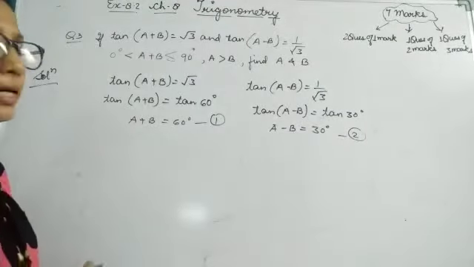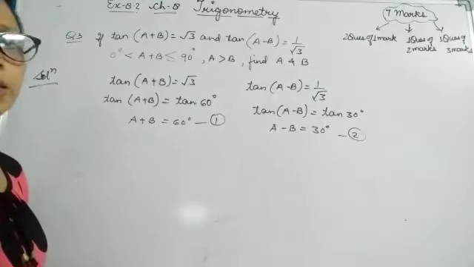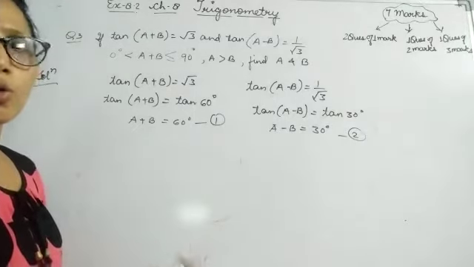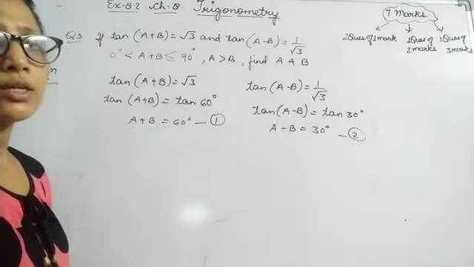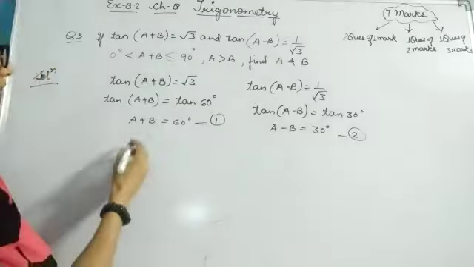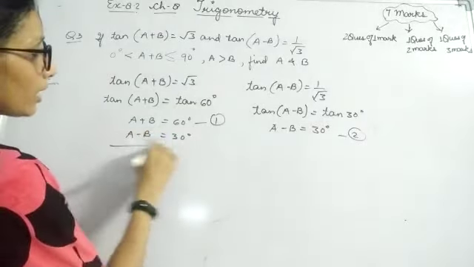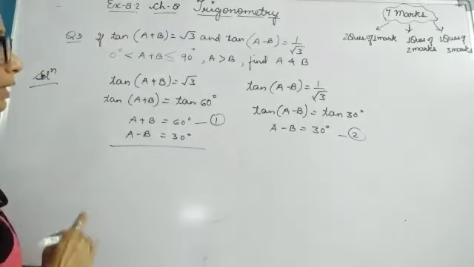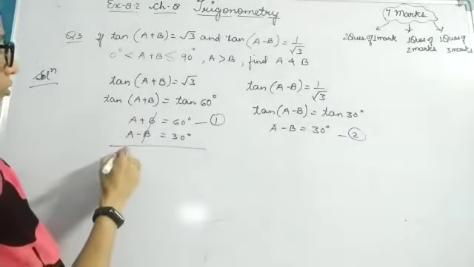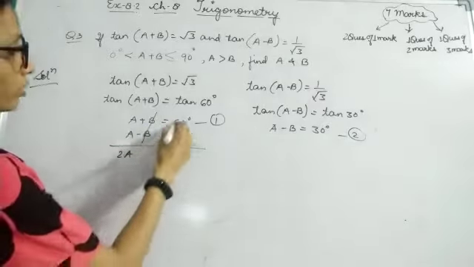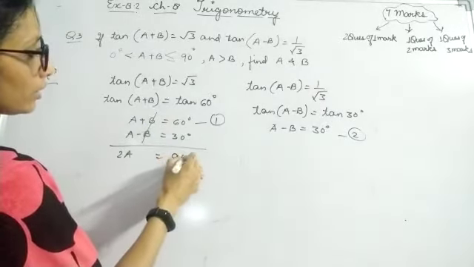So I can find the values of a and b either by the elimination method, the cross multiplication method, or the substitution method. Write it here, a minus b equal to 30 degrees. I am doing it by the elimination method. So b is gone, a plus a is 2a equal to 60 degrees plus 30 degrees, which is 90.